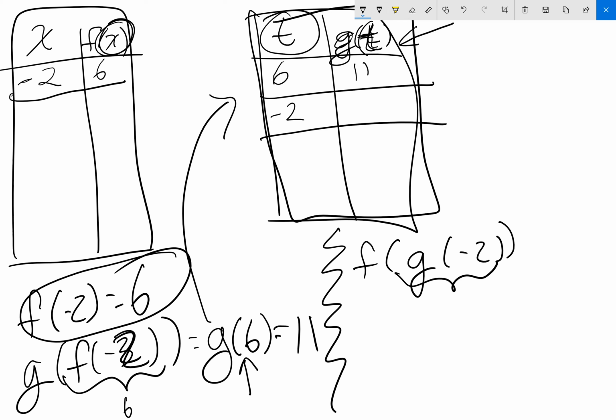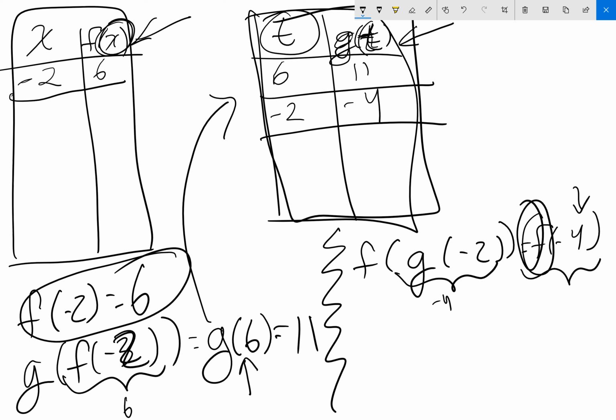We look on our table, and we see that it's negative 4. So we can replace this with negative 4. Now we're looking for f of negative 4. So we look at the f table. What is the output of the function f when the input is negative 4? And that's going to be a 16.